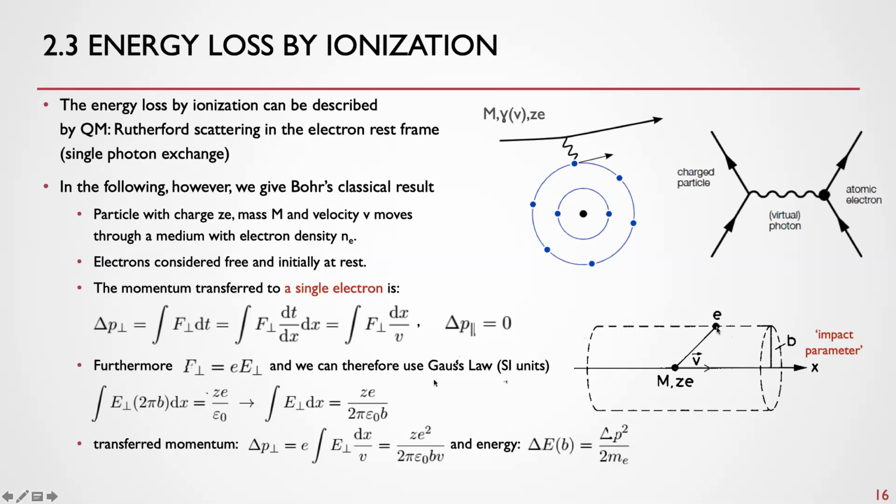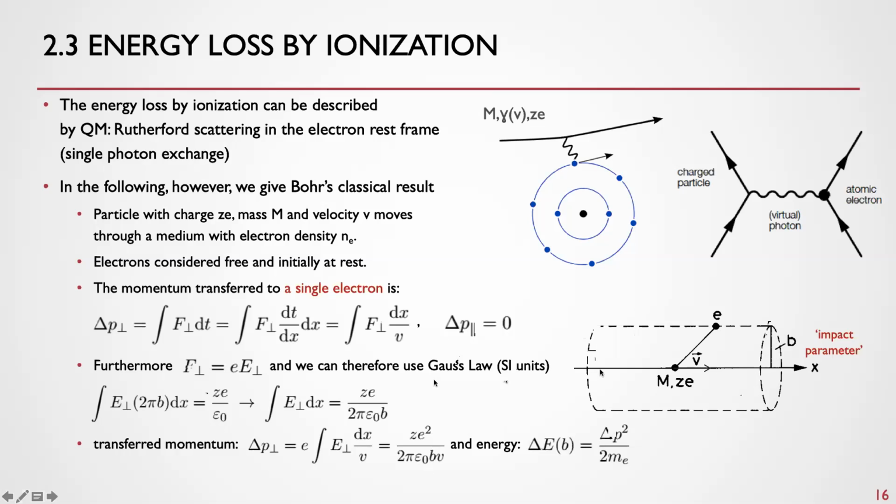So imagine there's an electron here. Imagine there's a charged particle here. We draw a cylinder and we call the distance of closest approach, as usual, the impact parameter. We give it the name b because that's a quantity that will come back in the following steps.